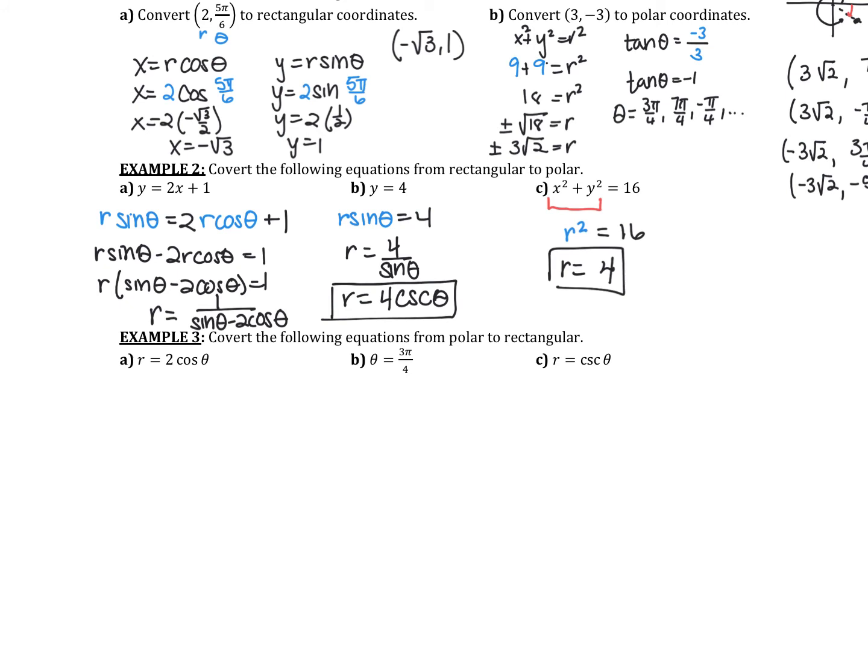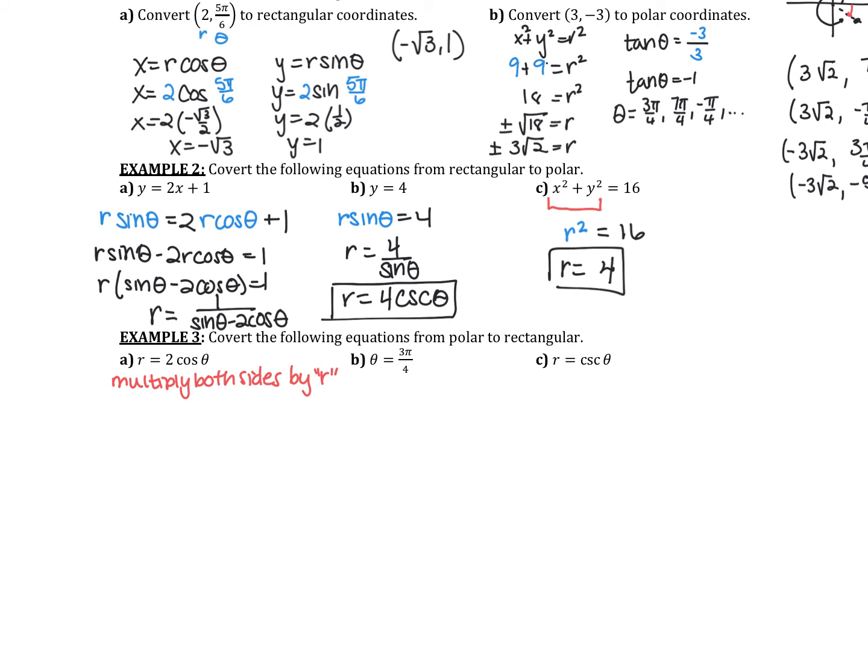All right, let's go backwards. Let's try this in reverse. Let's convert the following equations from polar to rectangular. Now, I'm going to give you the most complicated one first, just like we did before. And on this one, it seems strange to do, but I don't know anything about just 2 cos theta.